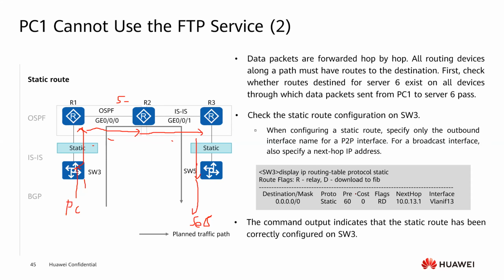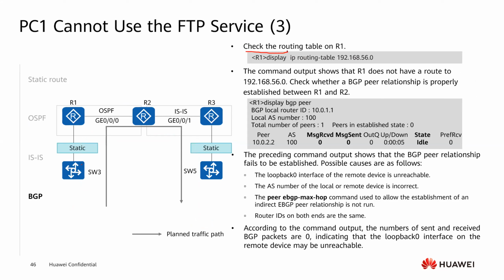Then we check the routing table on R1. Display IP routing table for this destination. The command output shows R1 doesn't have a route. So we check whether a BGP peer relationship is properly established between R1 and R2, because this network is imported into BGP by R3, and R2 is the RR.